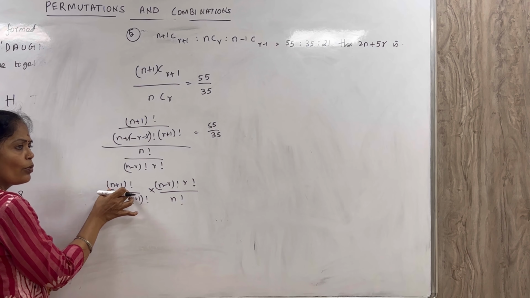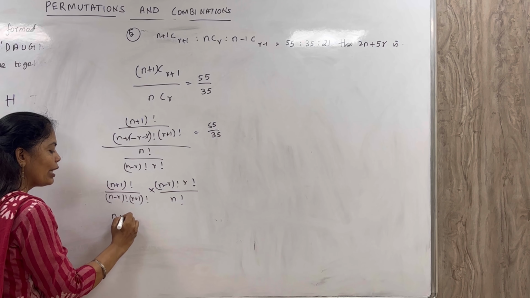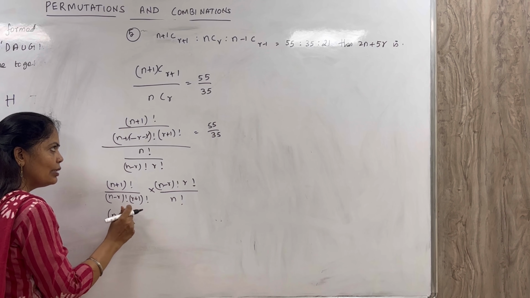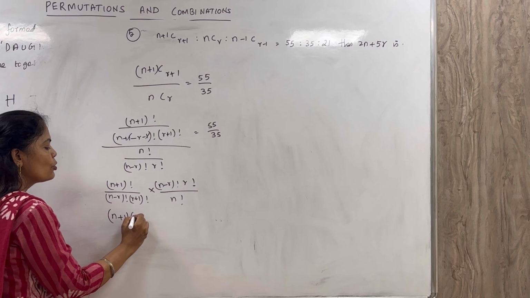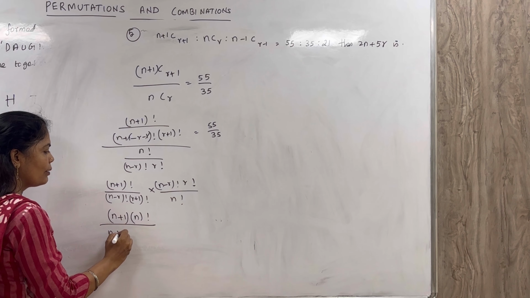Now I will simplify (n+1) factorial. (n+1) factorial can be written as (n+1) into n factorial. And (r+1) factorial can be written as (r+1) into r factorial.